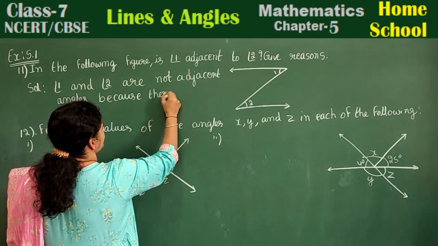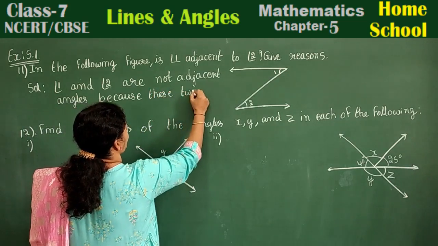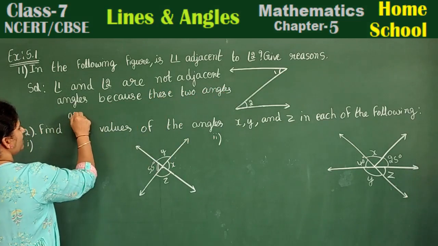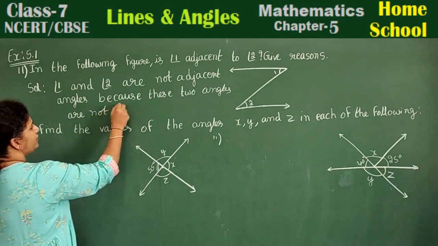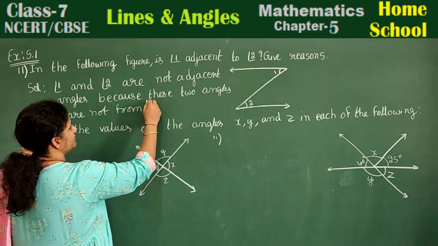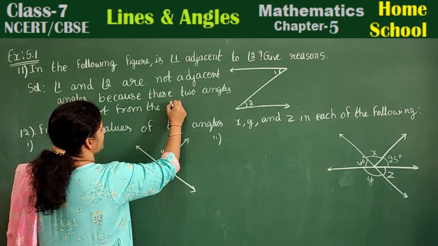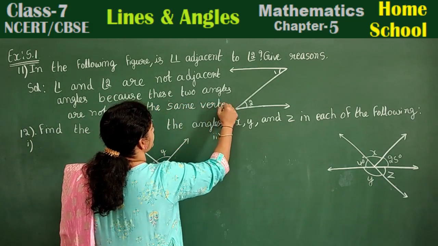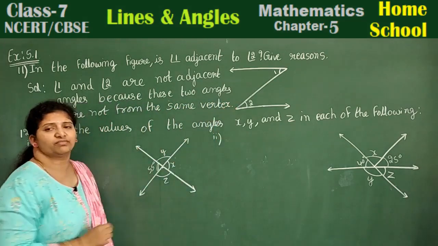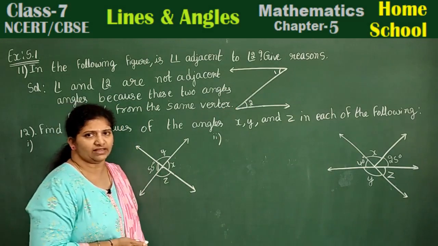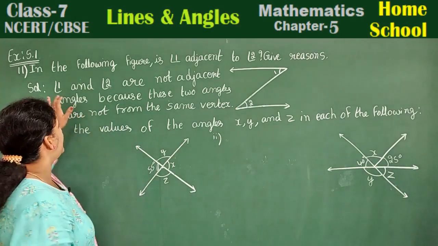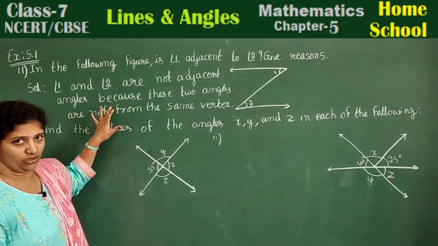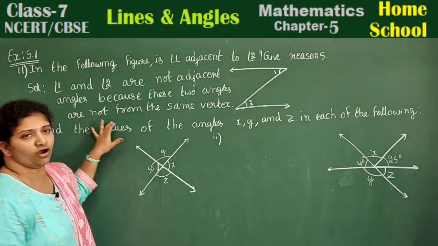Because these two angles are not from the same vertex. Suppose if they are arising from the same vertex, we may say the two angles are adjacent. Finally, we say angle 1 and angle 2 are not adjacent angles because these two angles are not from the same vertex.